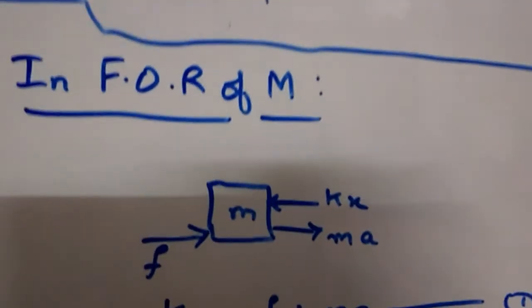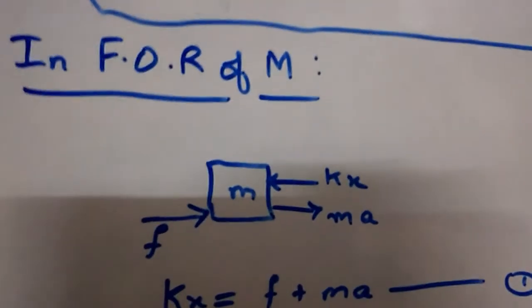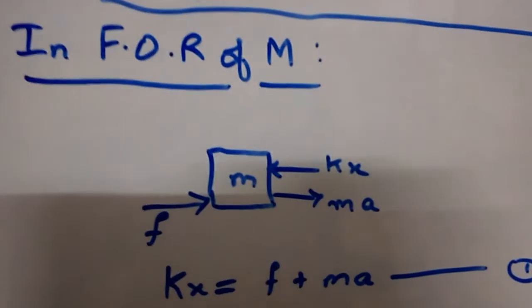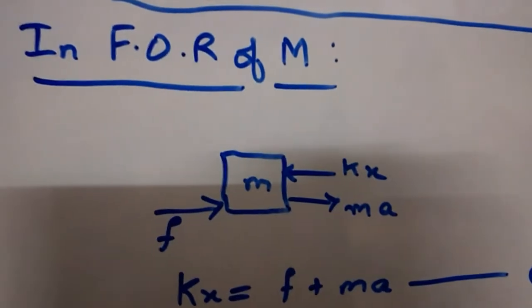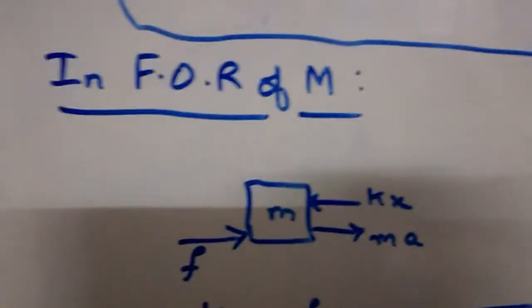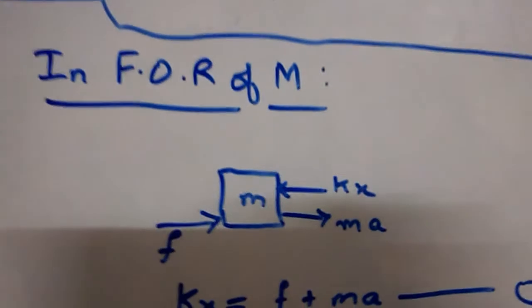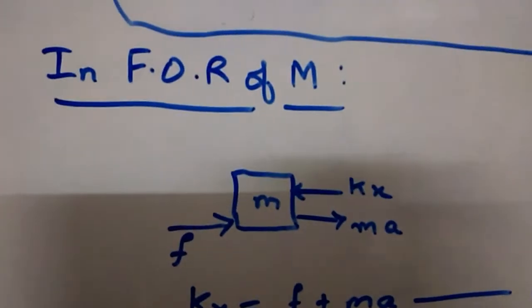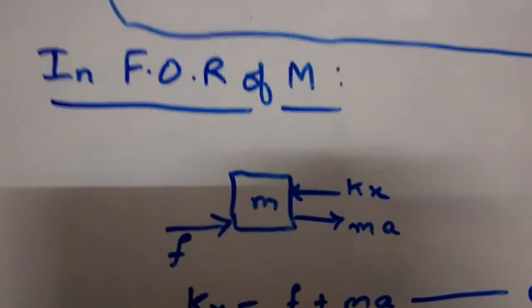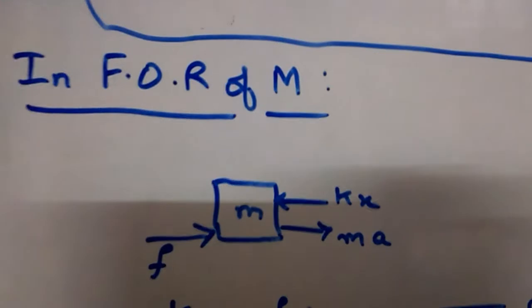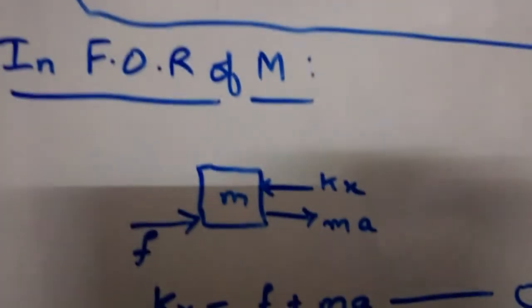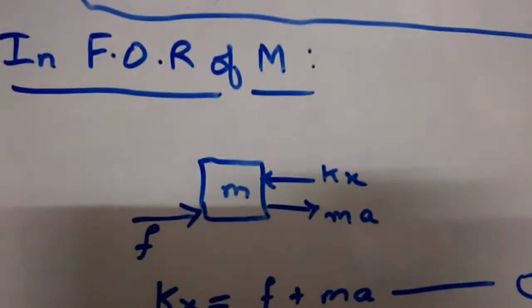Now let's think about this. Will small m have any acceleration with respect to capital M as long as there is no slipping? Well, the answer is no. And the reason is pretty simple. You can think about it in this way. Get into the frame of reference of capital M and think if there will be any displacement of small m along the x direction.